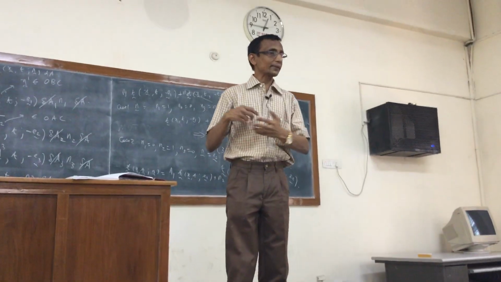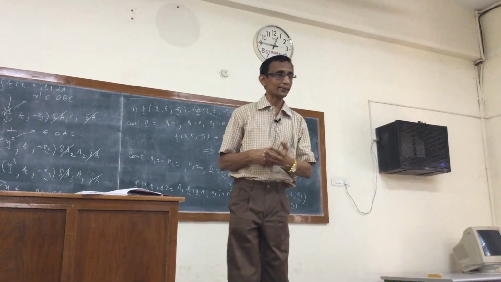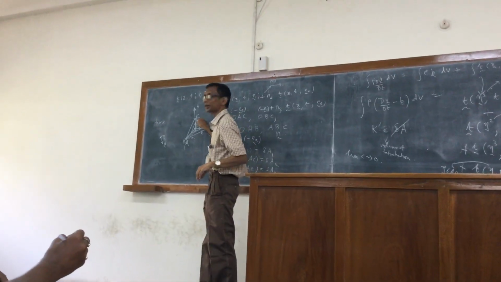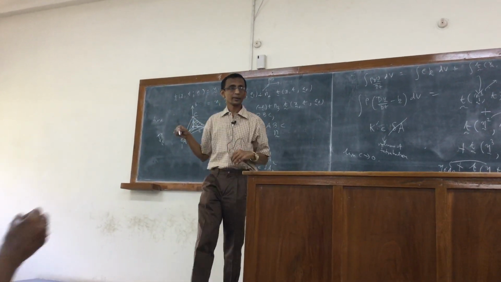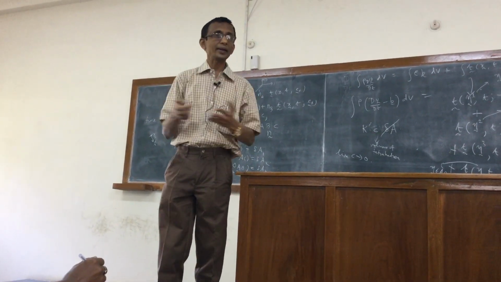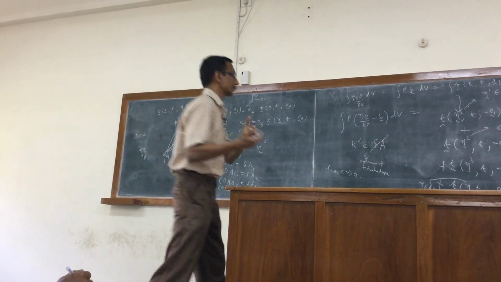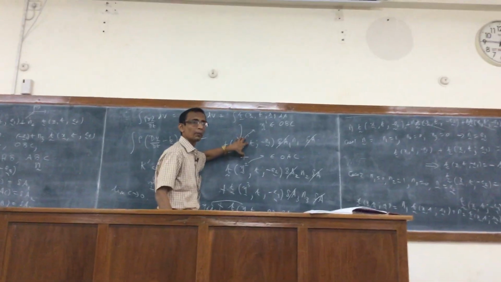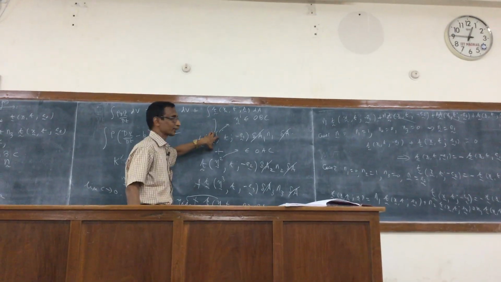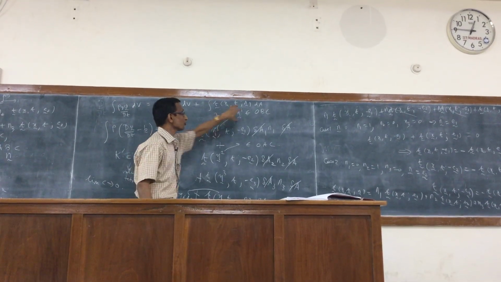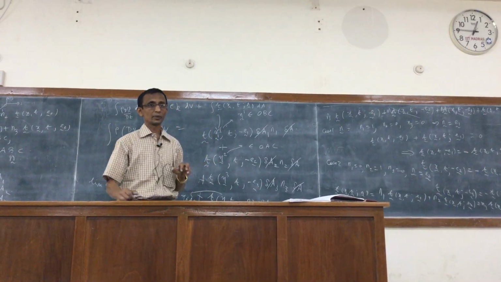However, the integral itself can be written as the value of t at some point in the region times the area of the region. That is what the mean value theorem says. So eta 1, the vector, is the position vector corresponding to some point on the face OBC.